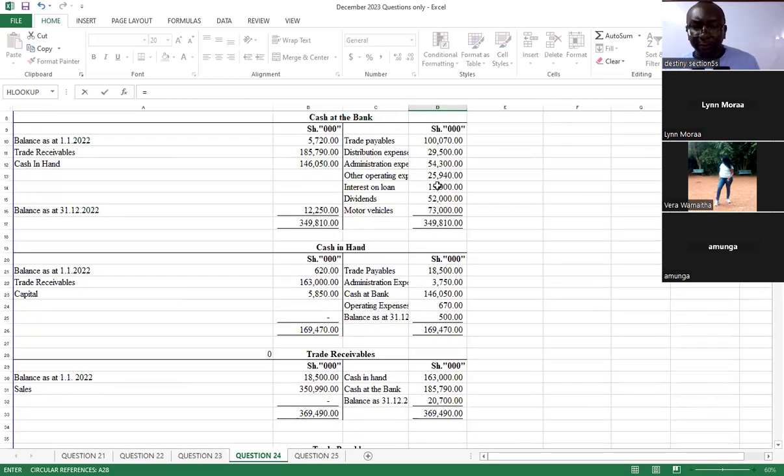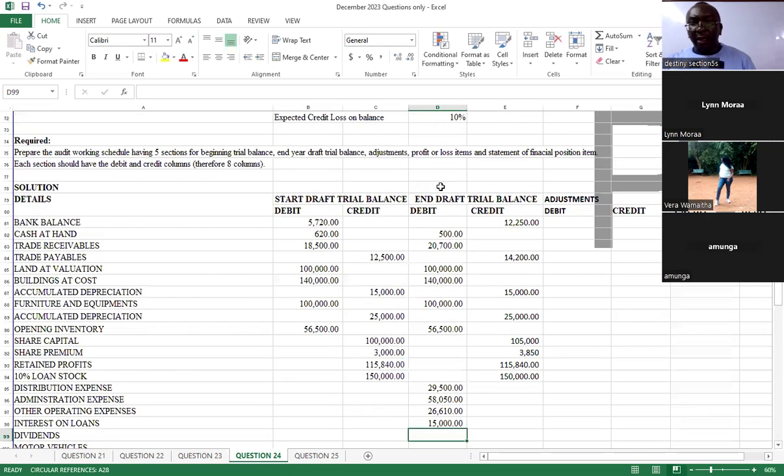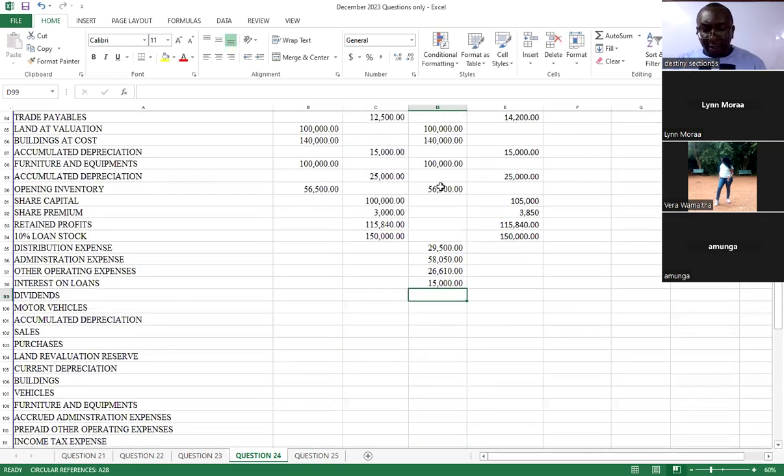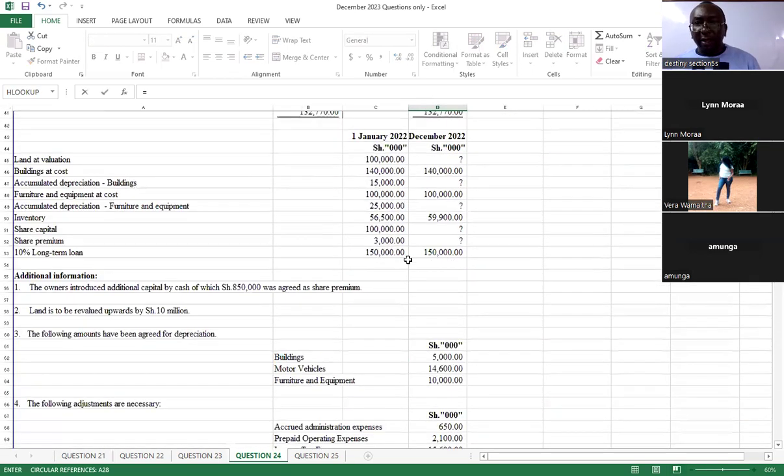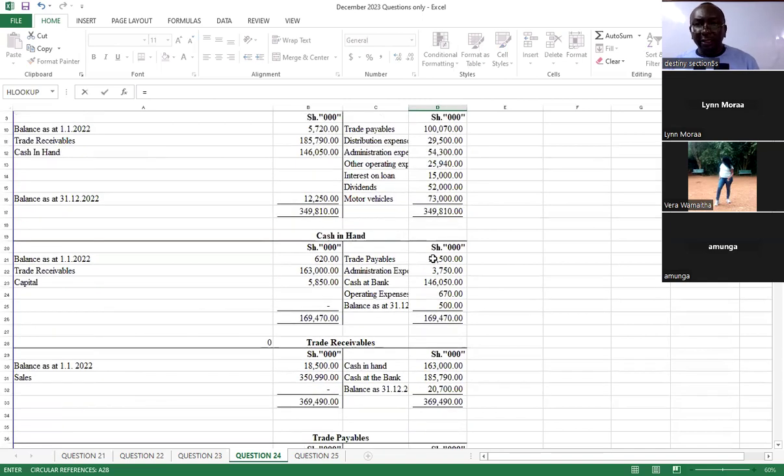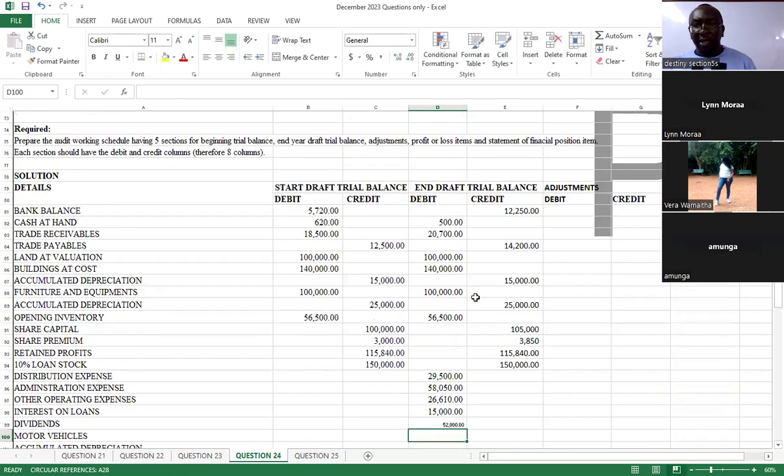Yeah, this one. So we capture, and it's not appearing anywhere else. So we just press enter. Then there is dividends paid equals, that's also an expense. Dividends paid. There is this amount, it's not appearing anywhere else. So we enter that.